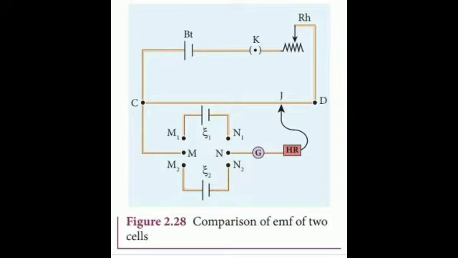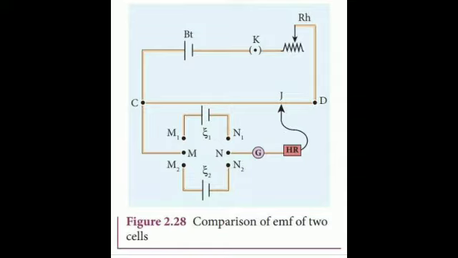This is the primary circuit. The end C of the wire is connected to the terminal M of a DPDT, the double pole double throw switch, and the other terminal N is connected to a jockey through a galvanometer G and a high resistance HR.